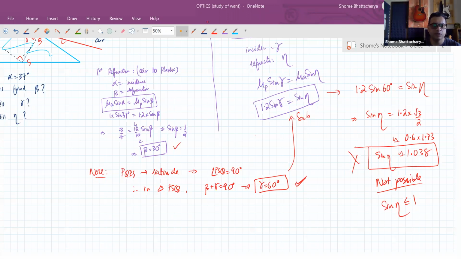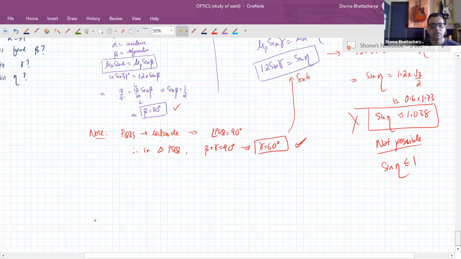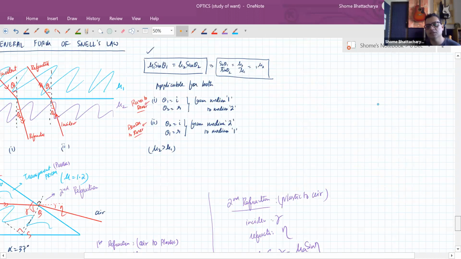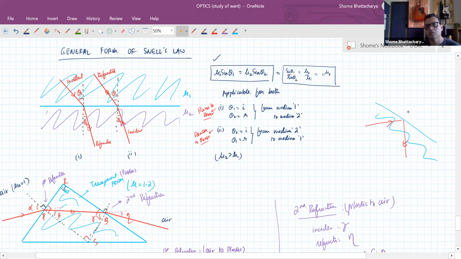Okay. So instead of refraction at the second surface, what will be happening is what we call TIR, or total internal reflection. So this ray will not be coming out into air. It will be making this kind of path. So I'll make the diagram. So instead of bending and coming out, we're doing this. Okay.